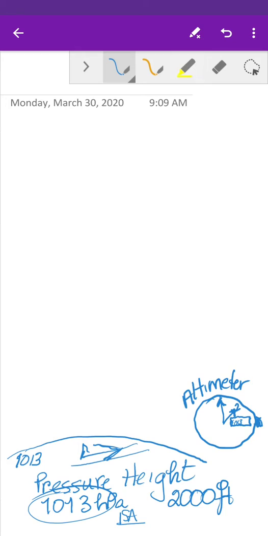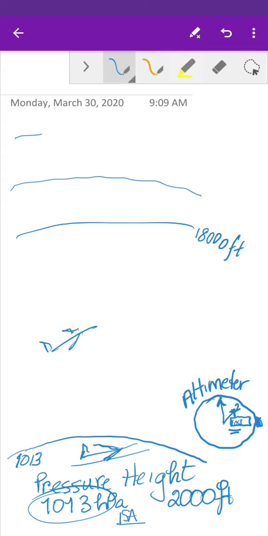So, let's fly high above the Earth, and let's just keep flying up to about 18,000 feet. At 18,000 feet, what we're talking about is so that all planes know what height they're flying, because the pressure on the ground will constantly change.